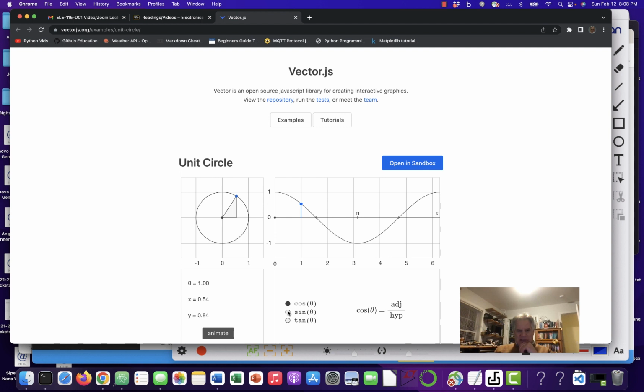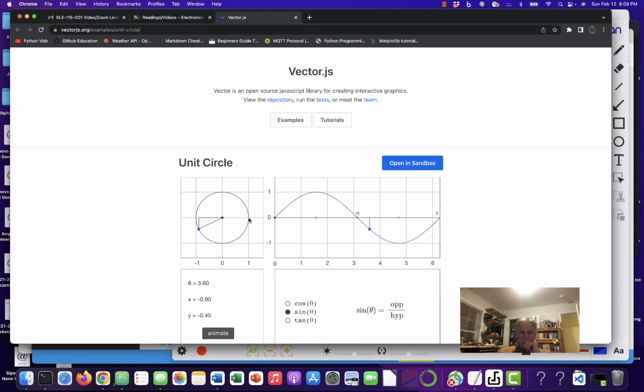If I go down here and click sine, there's your familiar sine signal, and then I run the animate button. They run a unit vector around the circle, and you can see when it gets up to 0, it starts out, climbs up to 1 at 90 degrees, back to 0 at 180 degrees, -1 at 270 degrees, back to 0 at 360, or same thing as 0 degrees.